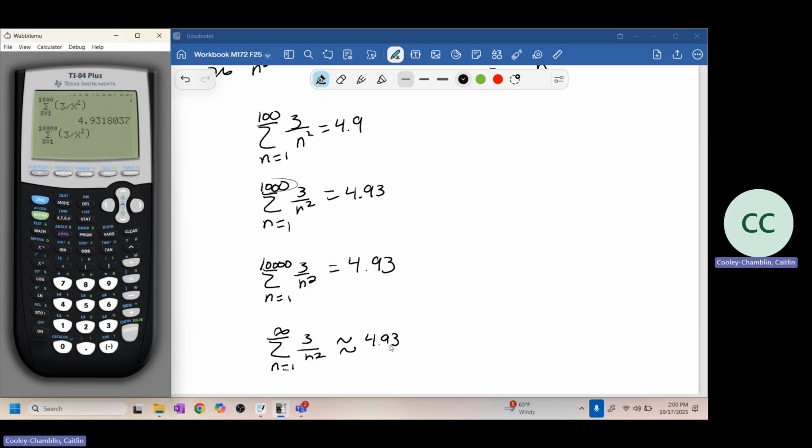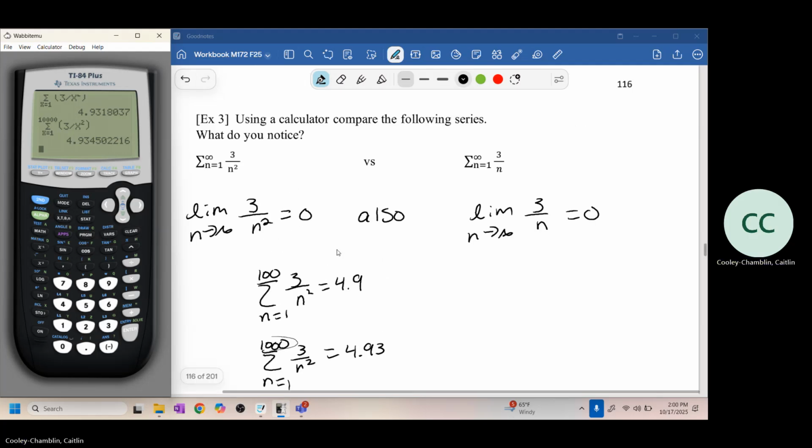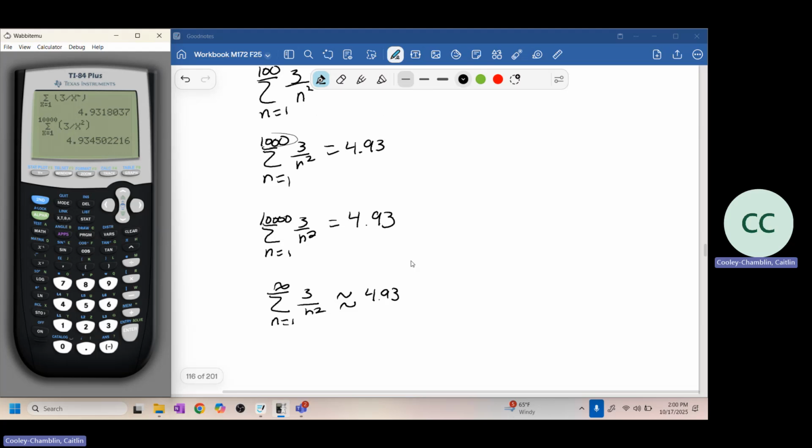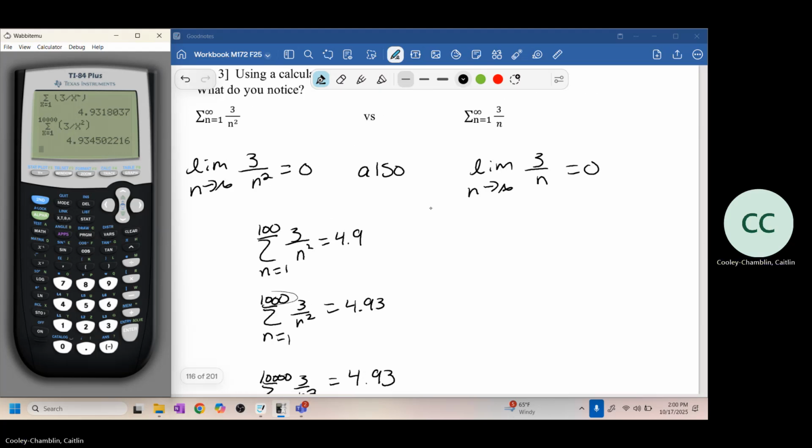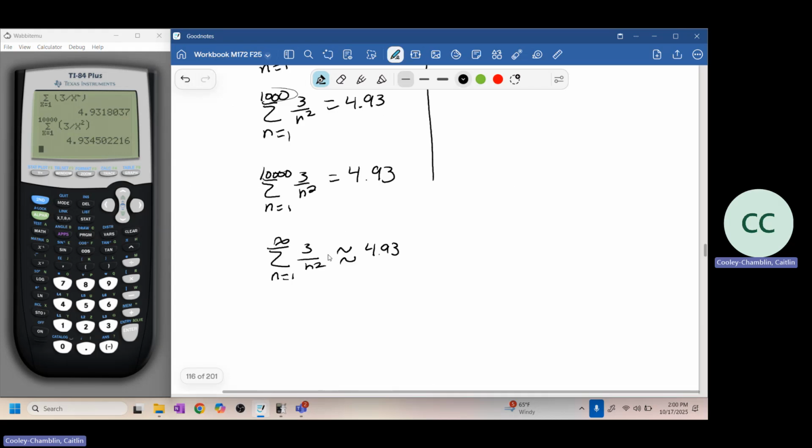But it's going to get closer and closer to 4.93. There it goes. Okay. So that was nice. So let's look at the other one. The limit also equaled 0, like it did on the first one, and the first one converged.